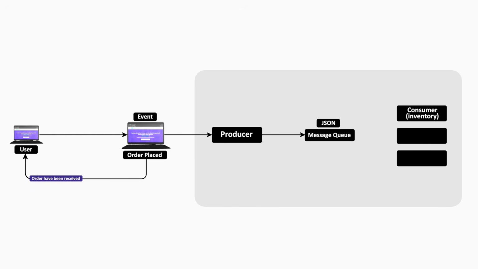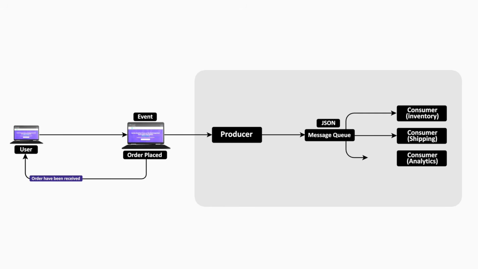Once the producer sends this event to the message queue and this consumer has subscribed to this event, it will go here and do its logic based on the event. Let's say I ordered a mobile, and the logic of this consumer is to reduce the inventory whenever an order is placed. Similarly, we will have another consumer for, let's say, shipping logic. We will have another consumer for analytics purposes, right? So this is how it is done.